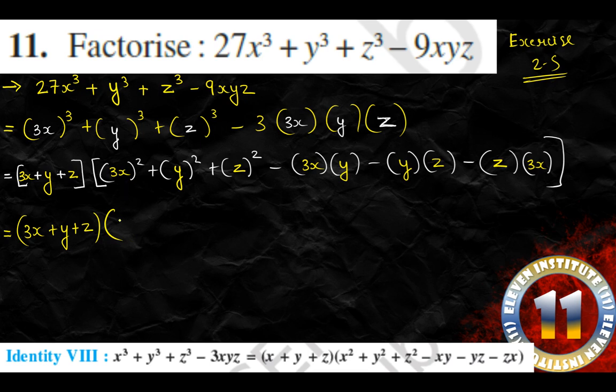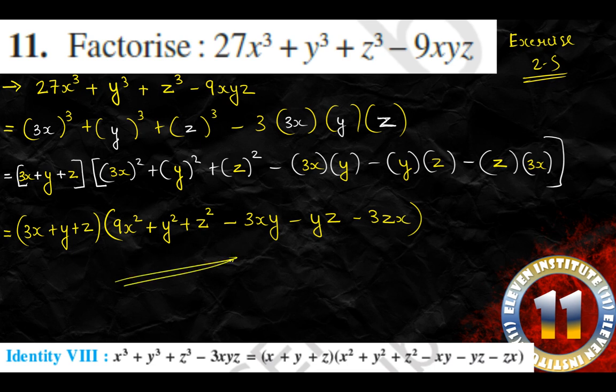So 3x the whole square, 9x square, plus y square plus z square minus 3 into x into y. So 3xy, minus y into z will give us yz, minus z into 3x will give us 3zx. This is our final answer.